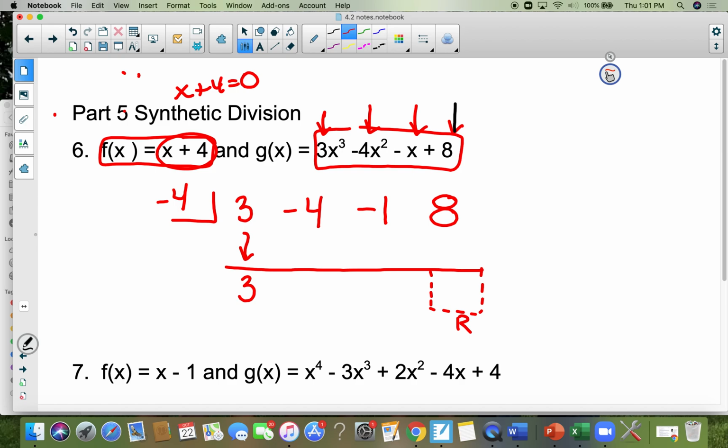And then once you bring down the 3, you're going to take the 3 and multiply it by negative 4, and you get a negative 12. You add it up, you get negative 16. Negative 16 times a negative 4 is a positive 64. And you add it up, and you get 63. And this is getting kind of big.